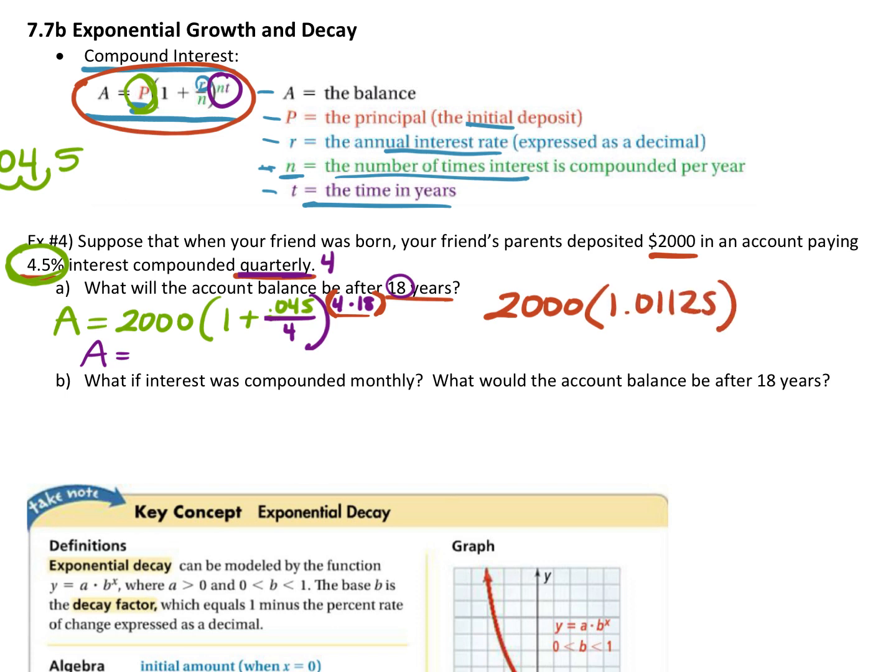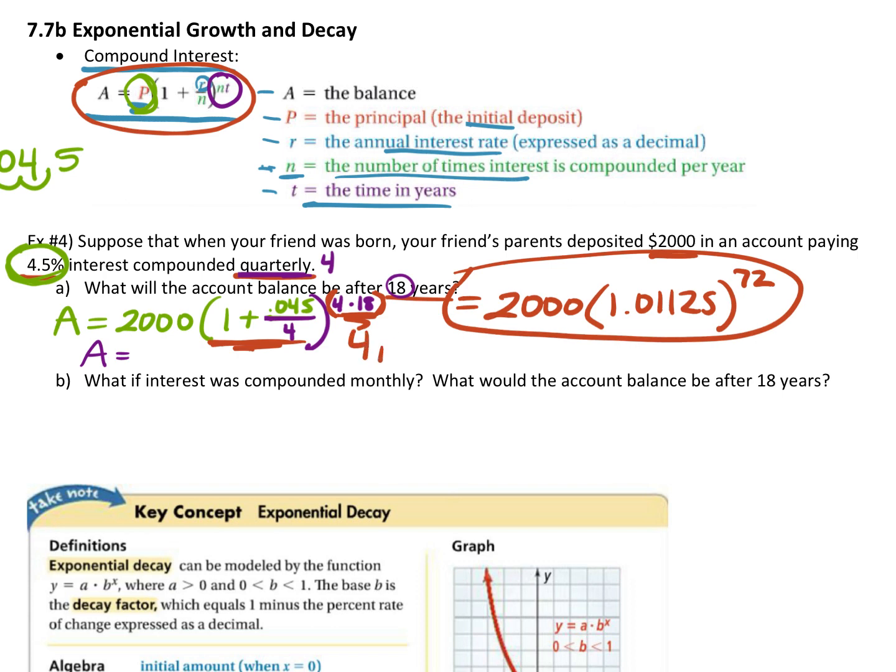Okay, and then 4 times 18 is 72. So here's your other option. This is the same thing. I just calculated that and I calculated that. Either way, you should get $4,475.53. And don't forget to label it as money.